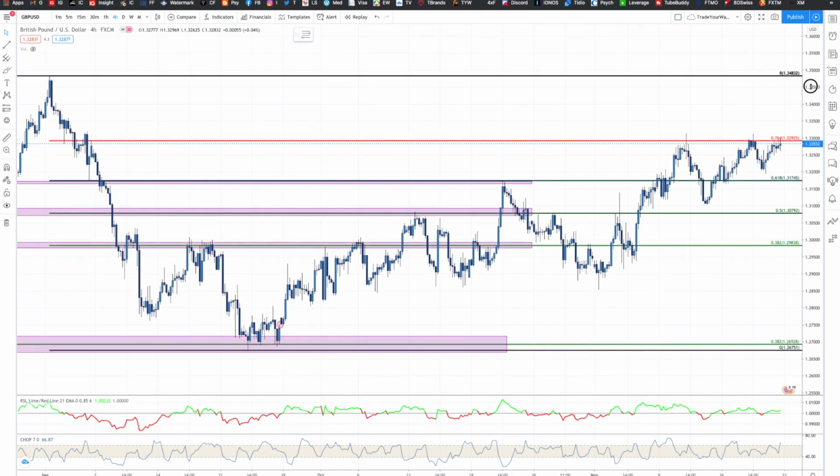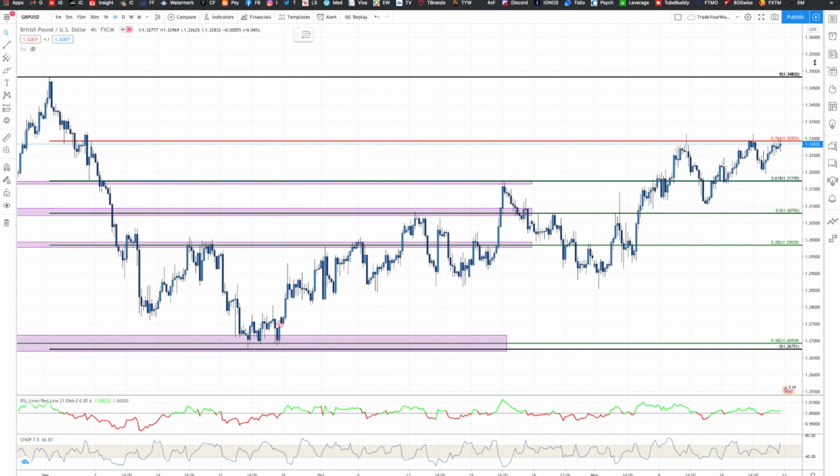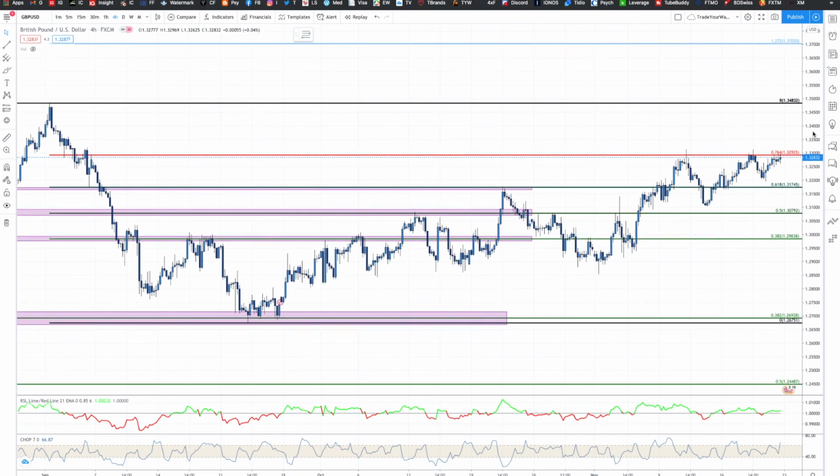So first target would be 135, nice round number, and then we would look for the extension levels, a 127.2 extension, which is 137.03. So it's about 400 pip swing up. Some really good potential upside targets should it break this level.